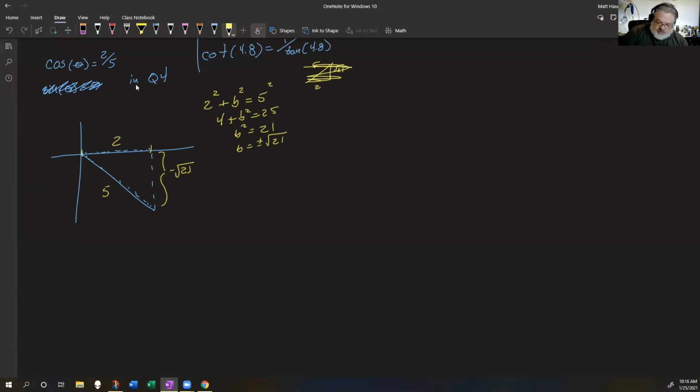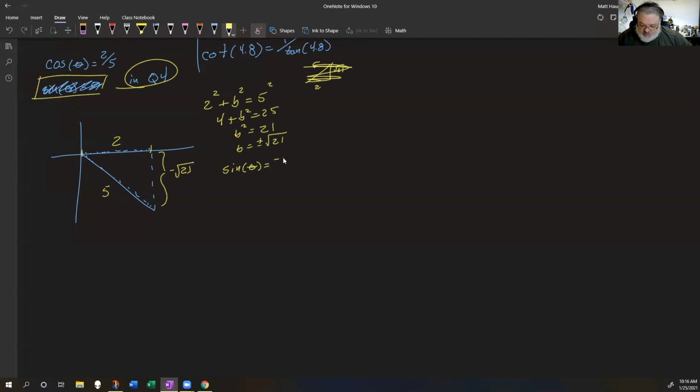So whether it's given to you as the sine being positive or negative, or given to you as a quadrant, make sure you take that into account in your diagrams as well as your work. But as soon as we know that, we know the sine, the tangent, and anything else that we want.